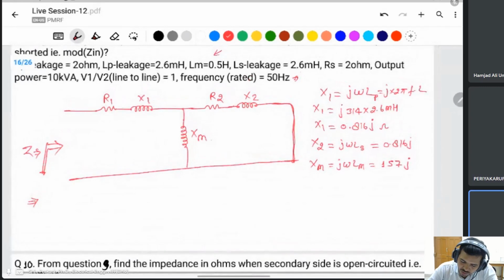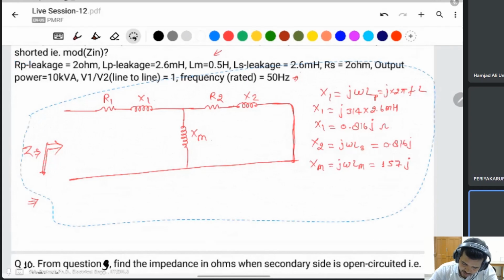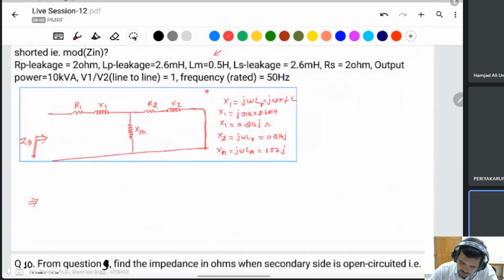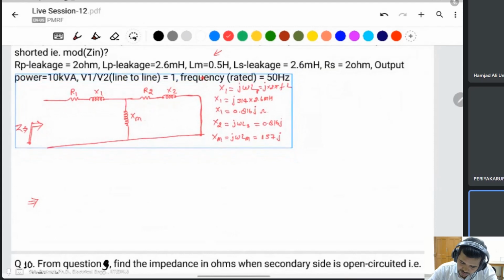You want to solve this one. These two values are in parallel. This is in series to this one.